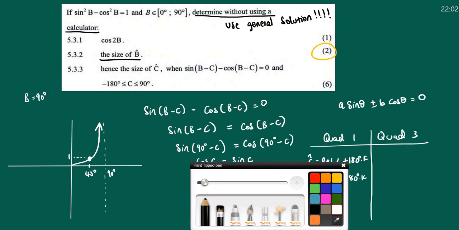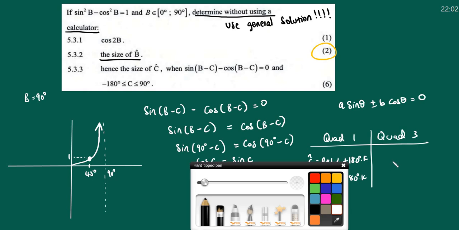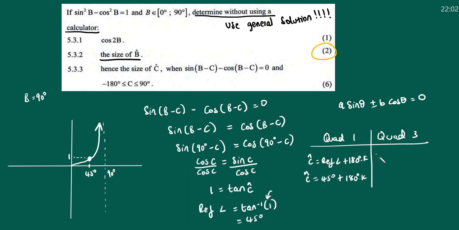Perfect. Then in terms of the other one, angle C will be 180 degrees plus the reference angle, and then plus 180 degrees times k. So that means you're going to have 180 plus the reference, which is 225 degrees, plus 180 degrees times k.